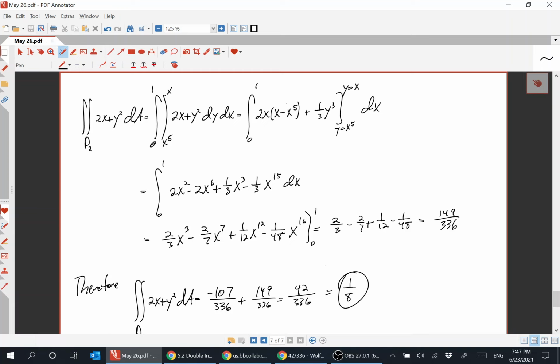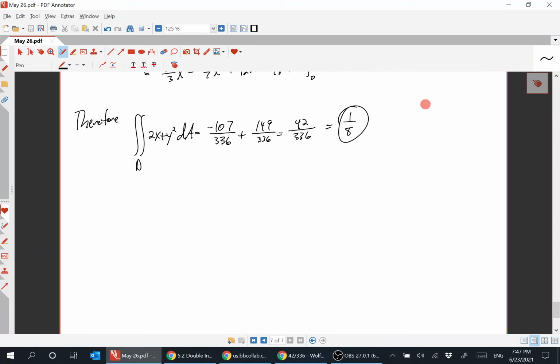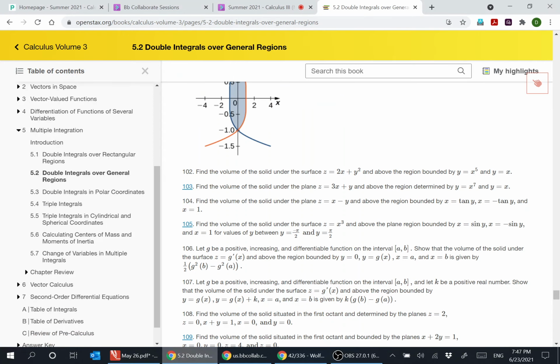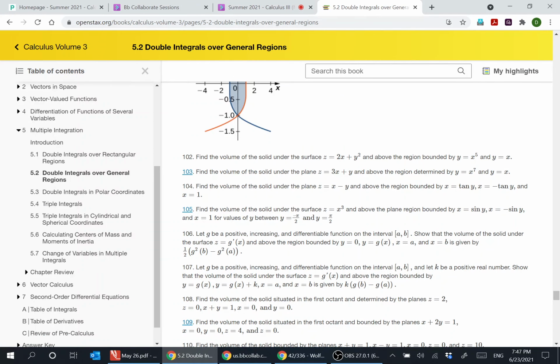The final problem in this section, number 108: find the volume of the solid situated in the first octant, determined by the planes z equals 2, z equals 0, x plus y equals 1, x equals 0, y equals 0.